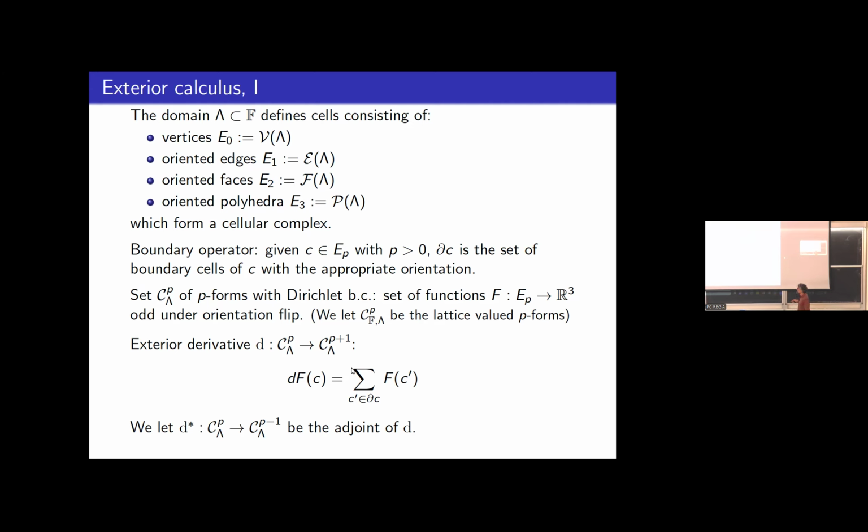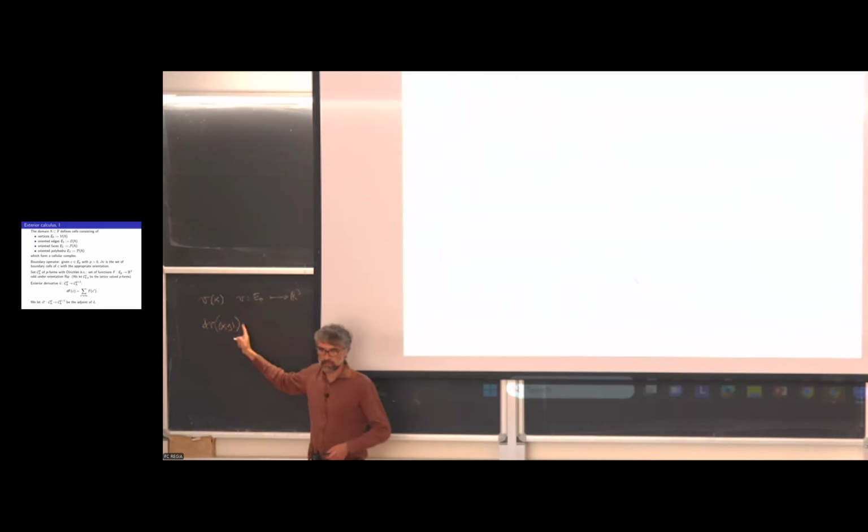In the 2 cases that I discussed this morning: if I have a function f on vertices, df of an oriented edge, remember that an oriented edge is just an ordered couple of vertices, is just f of Vy minus f of Vx.